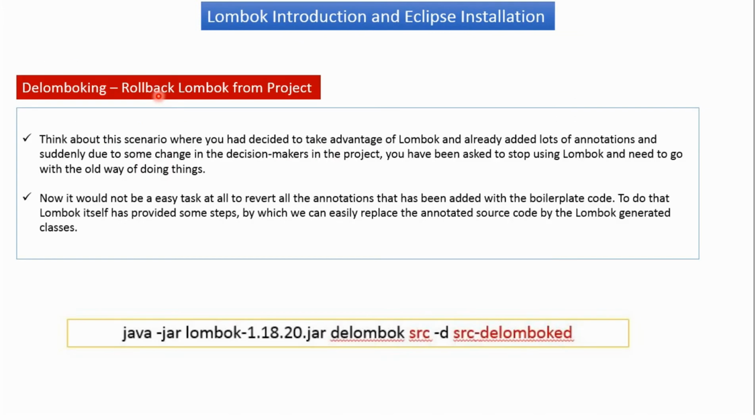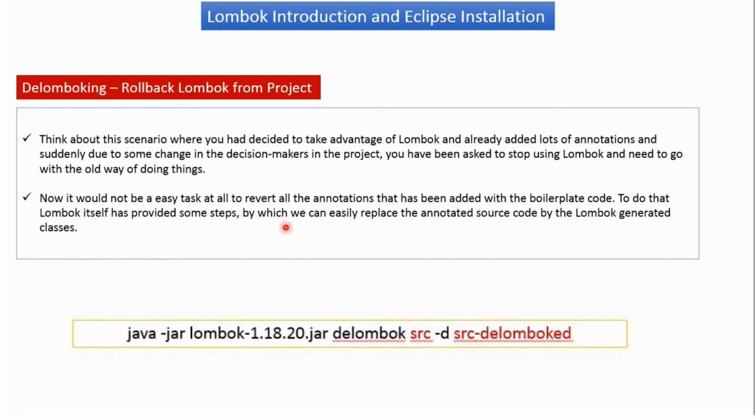Here we will see delombok, or how to roll back Lombok from the project. Think about the scenario where you had decided to take advantage of Lombok and already added a lot of annotations, and suddenly due to some change in the decision makers in the project, you have been asked to stop using Lombok and need to go with the old way of doing things.